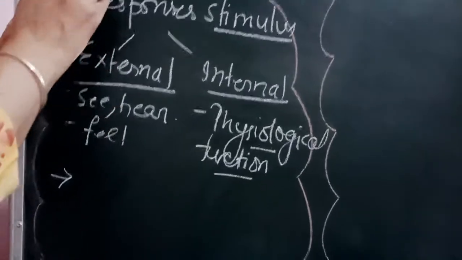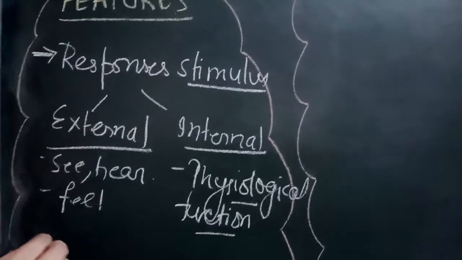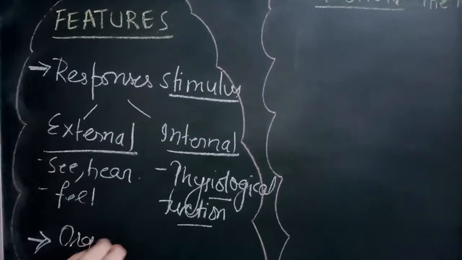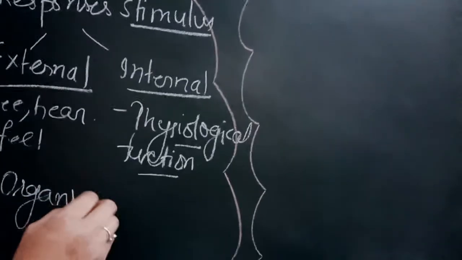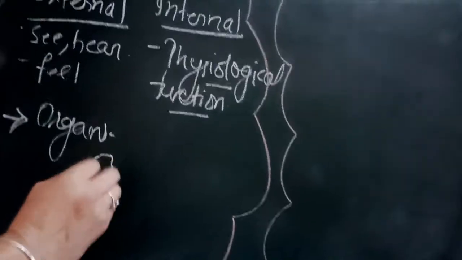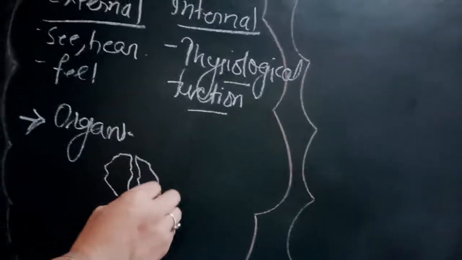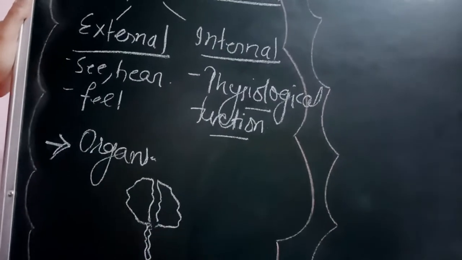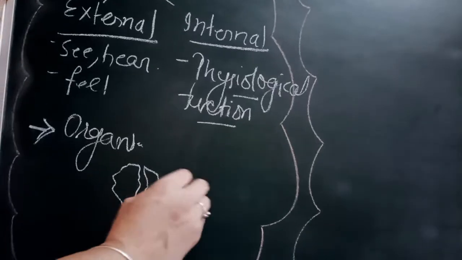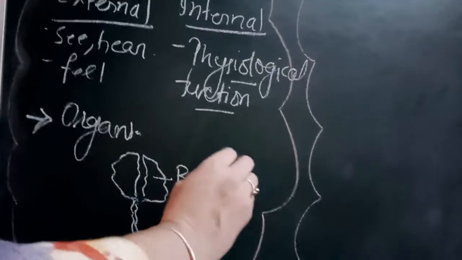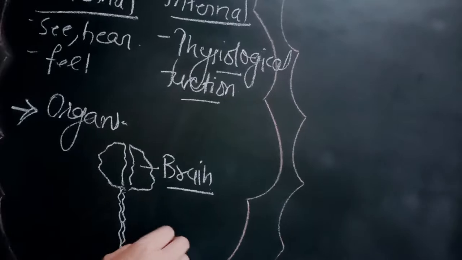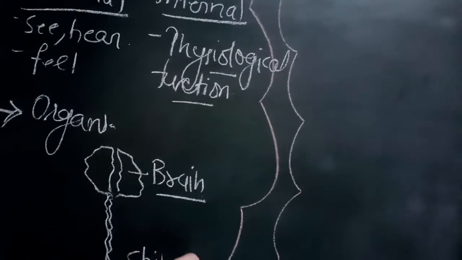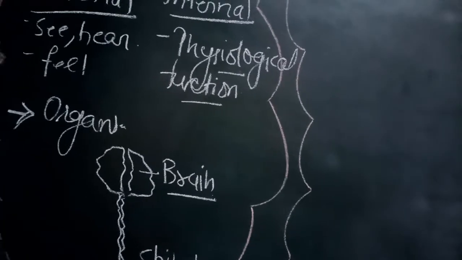Now, in our body, the nervous tissue is organized in the form of certain organs. We have the brain in the head region, and from the brain arises the spinal cord. So the nervous tissue is concentrated in the brain and the spinal cord.